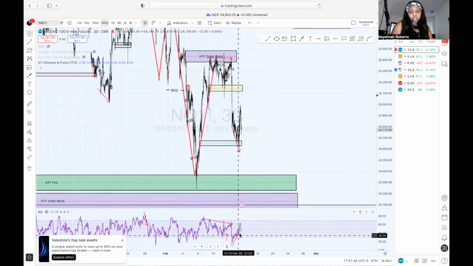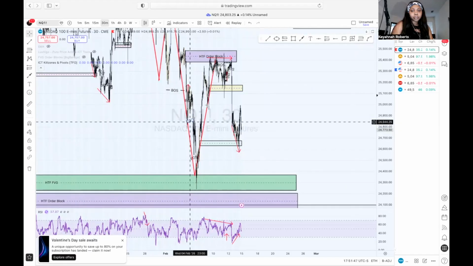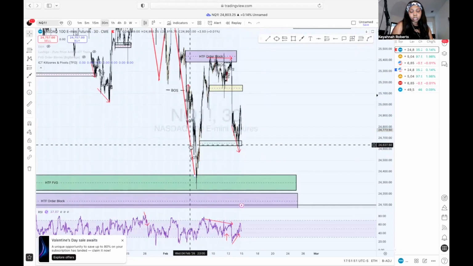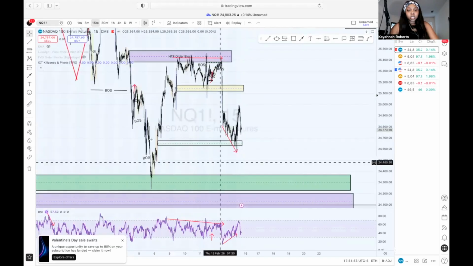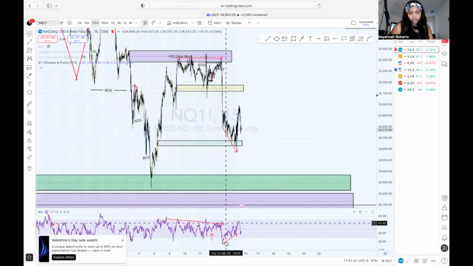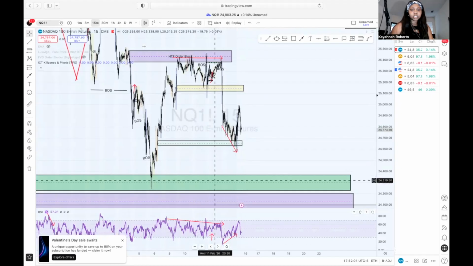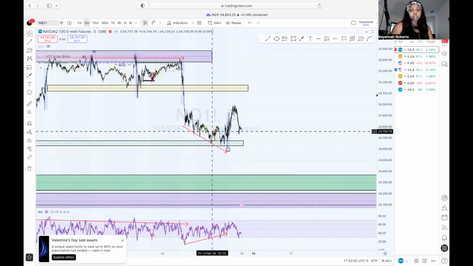We can see it here on the 30-minute also. I'm going to erase some of this stuff so it's not so confusing. So here I had the divergence, and you can also see the divergence and then the level of support. Again, what I was waiting for was my break and my retest.